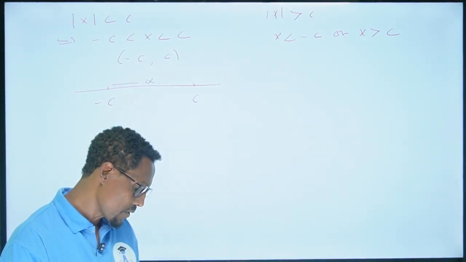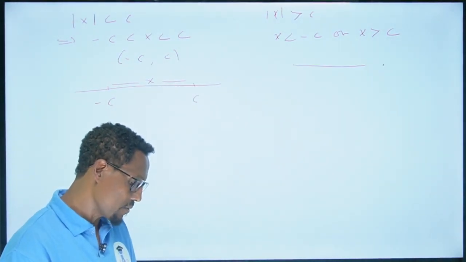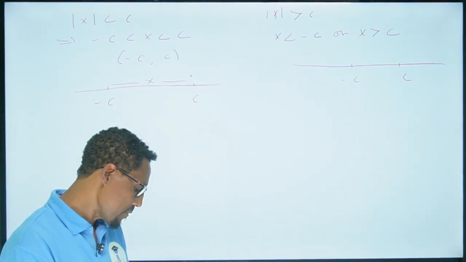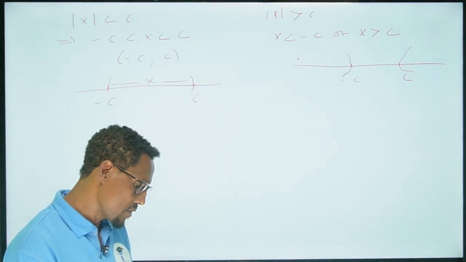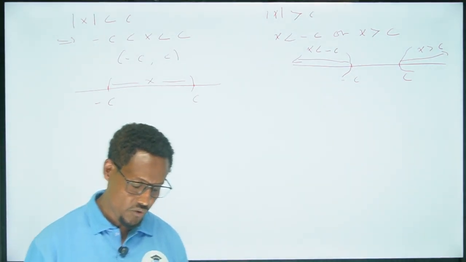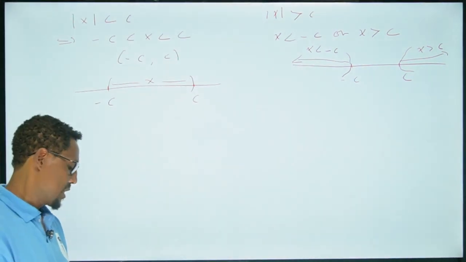Okay, this is x, the absolute value of x less than c. እዚህ ጋር ስትመጡ ደግሞ ተቃራኒ ነው የሚሆነው። We have minus c and here c, so ይሄ ማለት ከማይነስ c በታች እና ይሄኛው ፓርት ወደዚህ x less than minus c የምንለው ነው። በዚህኛው ሳይድ ደግሞ x greater than c እንላለን ማለት ነው። Okay, so the union of these two gives us the set of ordinary numbers excluding minus c and c.